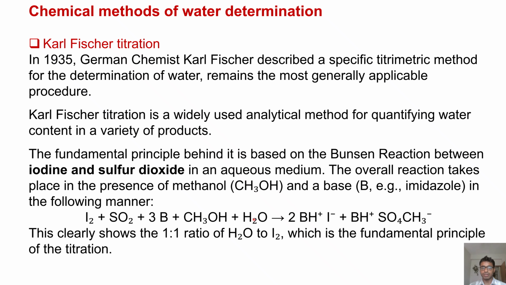It will react with iodine, and this product will be formed. It clearly shows that a 1:1 ratio of H2O and iodine is the basic principle for the titration. So this is the overall reaction, that 1:1 ratio. This ratio is important.